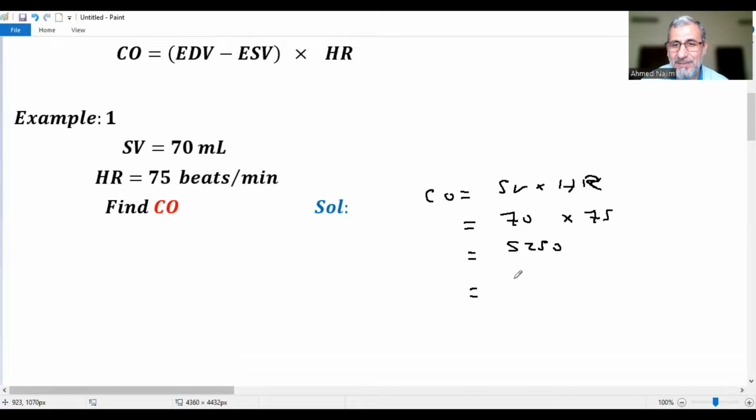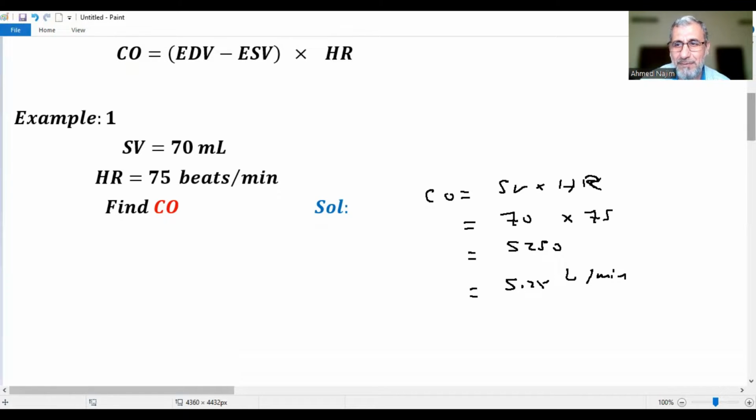Because this is in ml, we divide by 1,000, so that means 5.25 liters per minute. In this case, the stroke volume of 70 is within the normal range and the heart rate of 75 is normal. So our body needs 5.25 and the heart will pump 5.25 liters per minute.